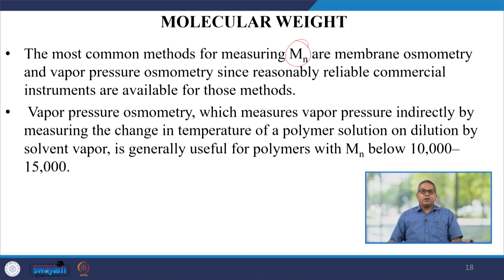Now, vapor pressure osmometry measures the vapor pressure indirectly by measuring the change in the temperature of the polymer solution on dilution by the solvent vapor, and this is generally useful for polymers with a number average molecular weight below 10,000, or in the range of 10,000 to 15,000.